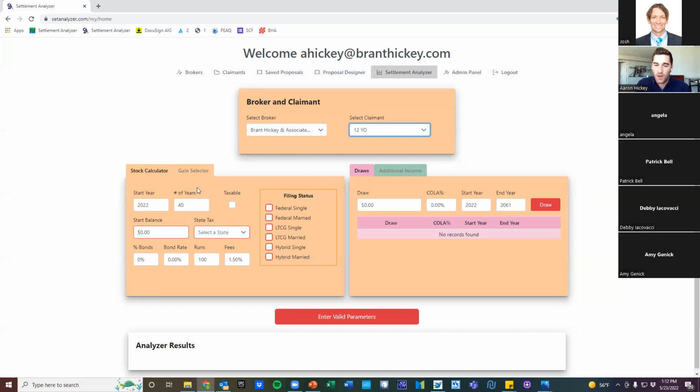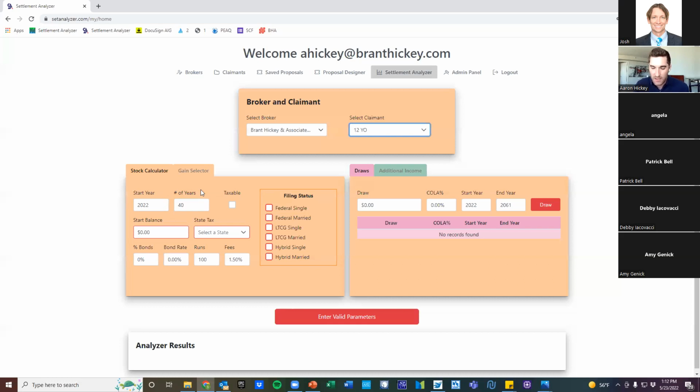And we really want to answer one specific question when we're doing this analysis. We're asking ourselves, at the end of the duration that we've chosen, which is this box right here, this numbers of years box, does that investment portfolio that we're setting up to compare to the structure have money in it at the end? Yes or no?